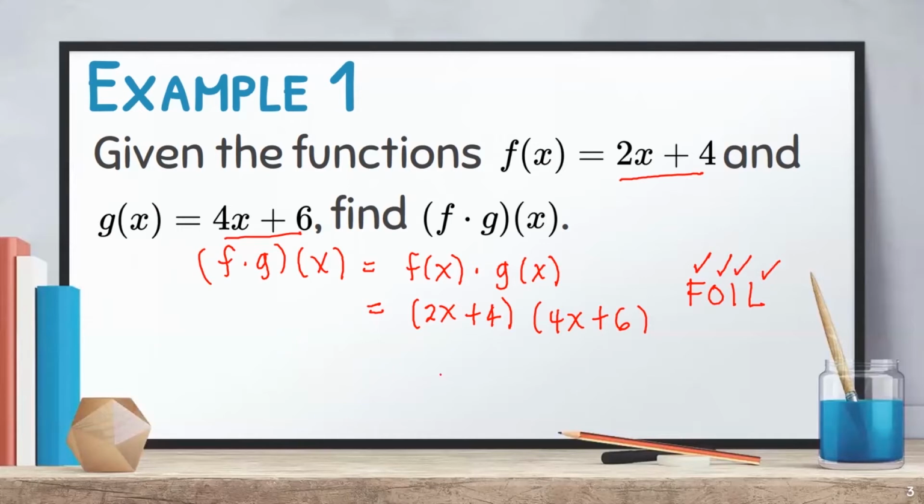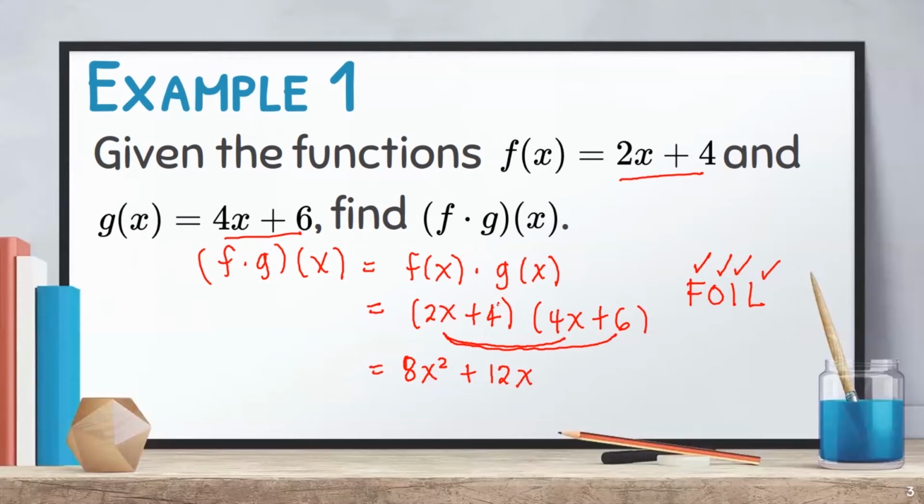Hence, in this equation, we will be multiplying 2x times 4x, which will be 8x squared. Outer terms, such as 2x times positive 6, which will give us positive 12x.